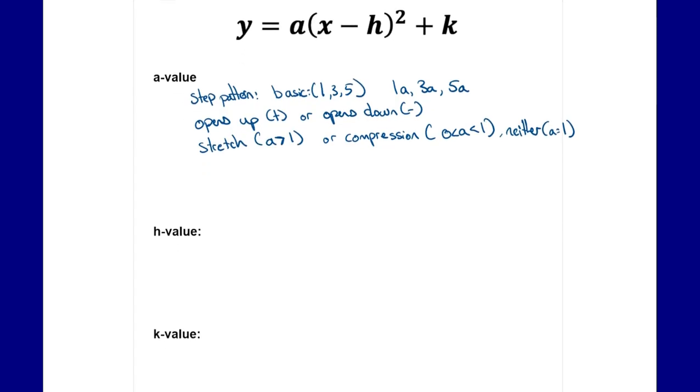The h value tells us the axis of symmetry. That's that middle value, axis of symmetry. It does tell us the x value of our vertex. And it tells us a horizontal shift.